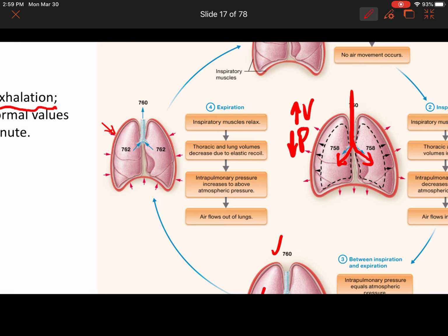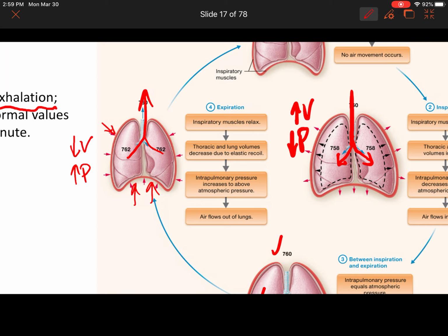The rib cage draws in, the diaphragm moves up, and because the volume is lower, that causes an increase in the internal pressure. That sets up a pressure gradient where the inside pressure is greater than the outside pressure, and that promotes exhalation of air to the outside of the body.